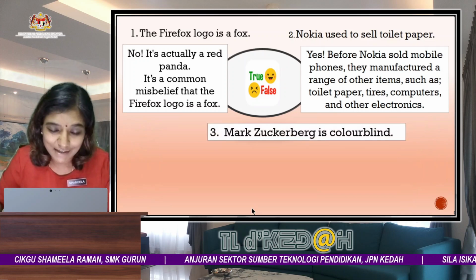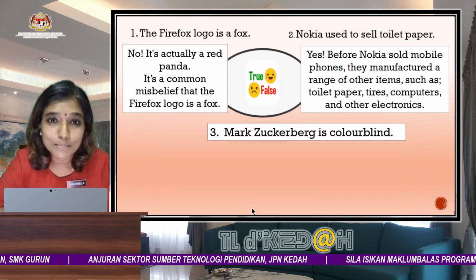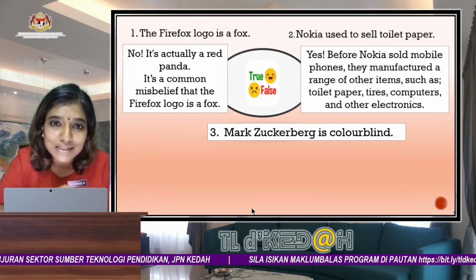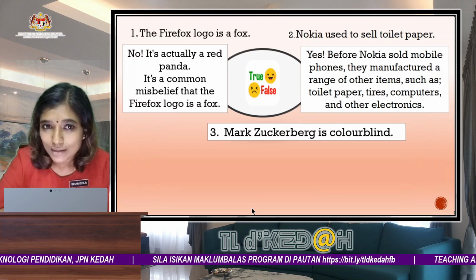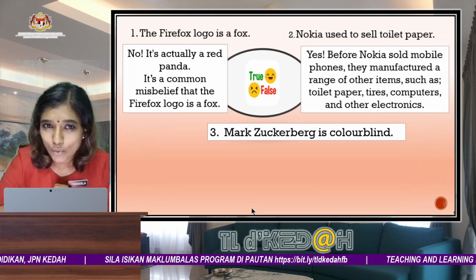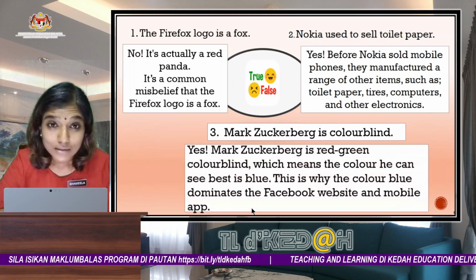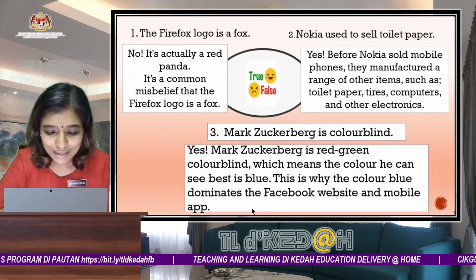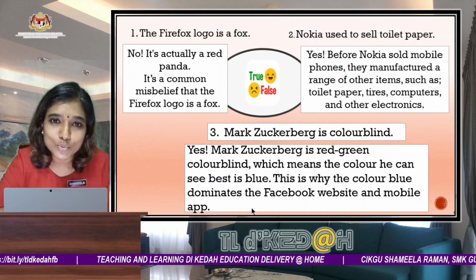And just another last statement from me. Mark Zuckerberg is colorblind. Colorblind means you can't see reds and greens. What do you think? Do you think it can be true or false? Let's read and find out. Yes, Mark Zuckerberg is red-green colorblind, which means the color he can see best is blue.